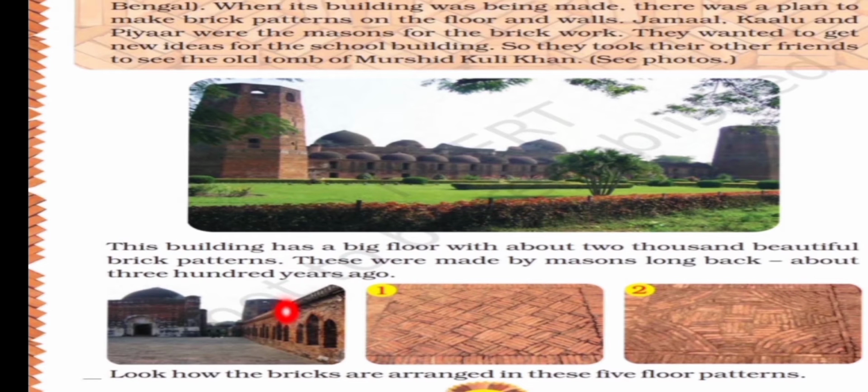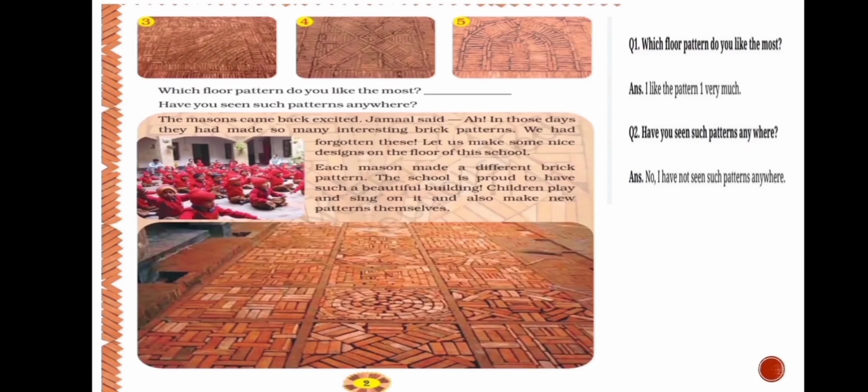Look how the bricks are arranged in these 5 floor patterns. Here, 5 floor patterns of this building are given. First one is this, second this, third brick pattern is this, this one is fourth, and this one is fifth brick pattern.